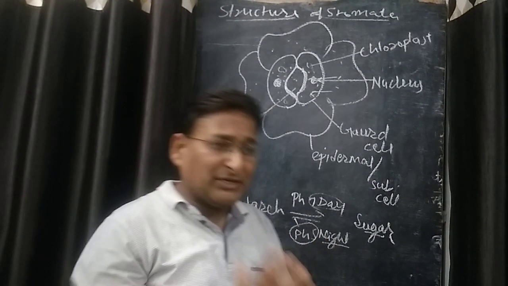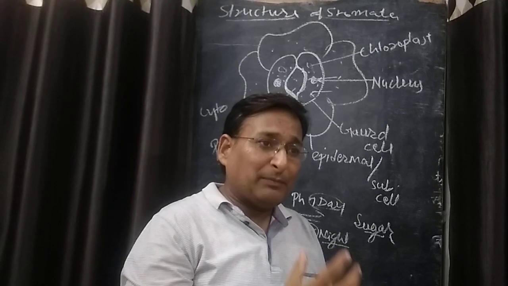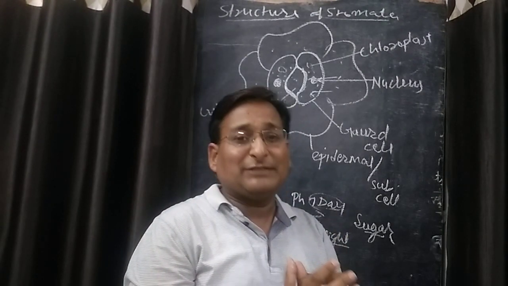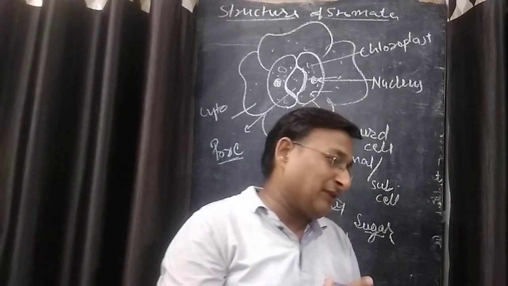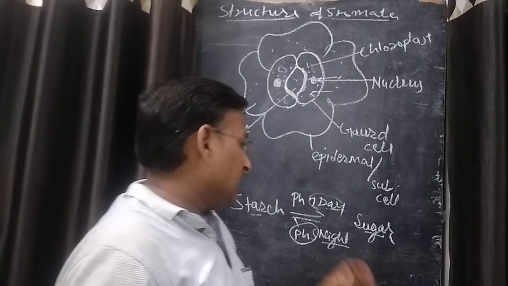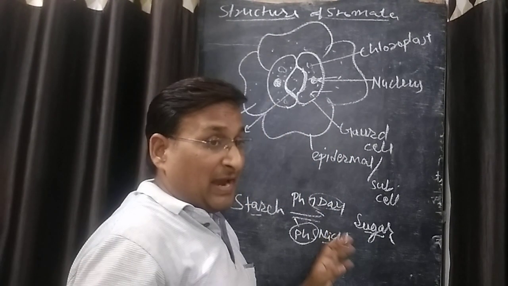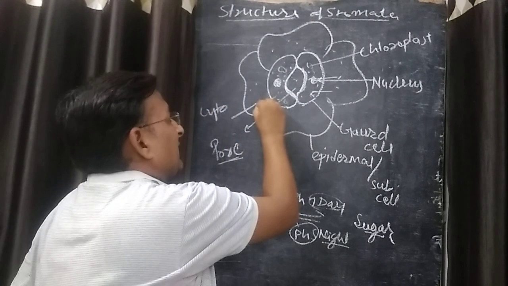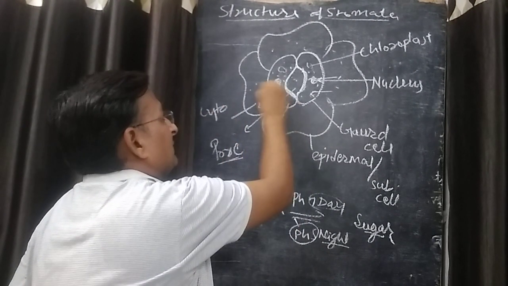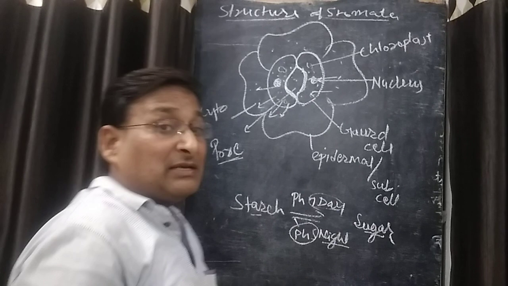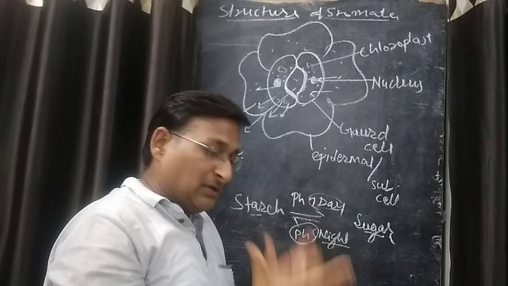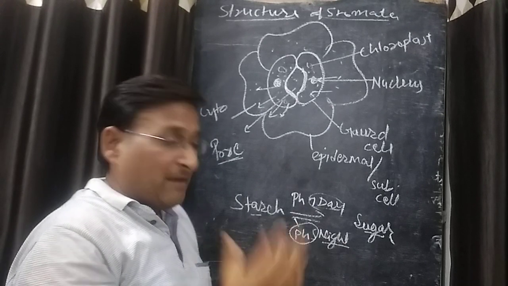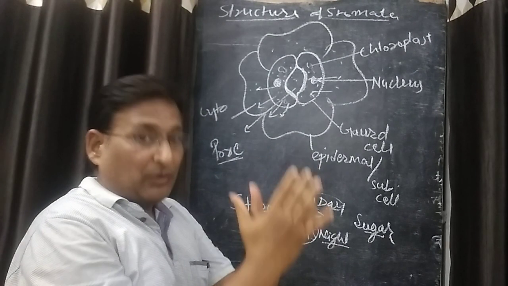So the concentration of the cytoplasm decreases, or we can say the osmotic pressure of the cytoplasm decreases, due to which exosmosis occurs and water goes outside from the guard cell into the subsidiary cell. The guard cell becomes flaccid and the stomata remain closed.